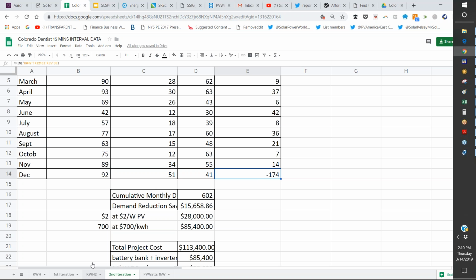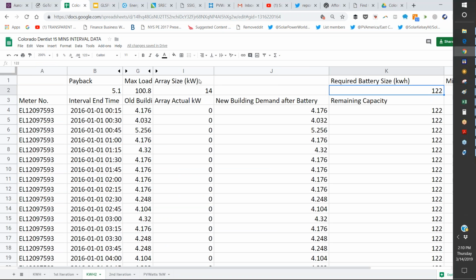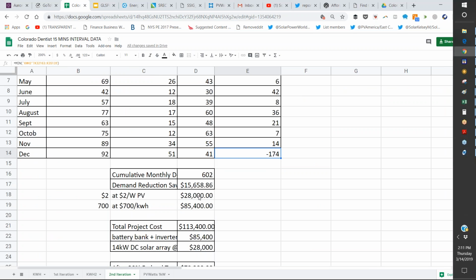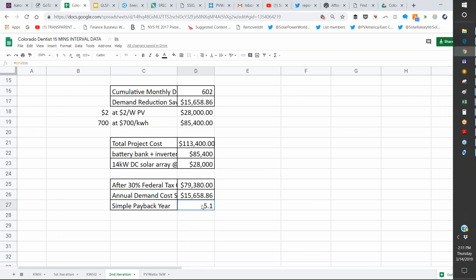And so I could try to go back into my model and make it a 22 kilowatt solar array or a 50 kilowatt solar array, and go and make my battery bank maybe 160 kilowatt hours, so that I could hit that load leveling. But what we'll see in our model is that this payback year is going to jump up because we've increased the size of our solar array and our battery bank.